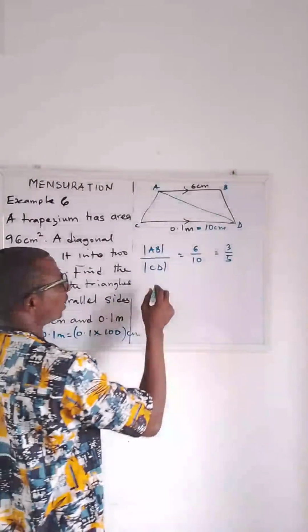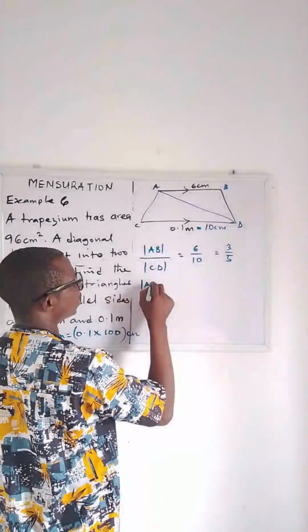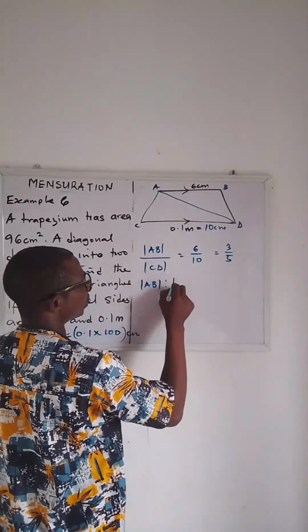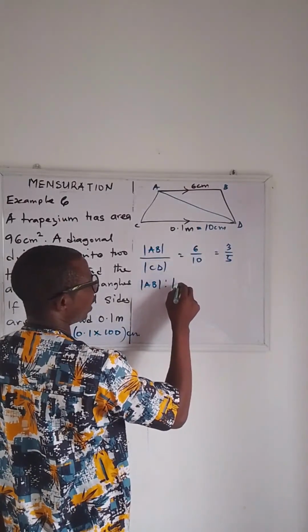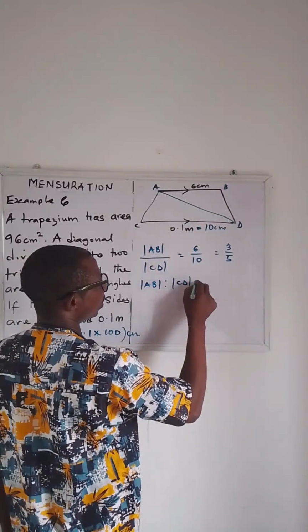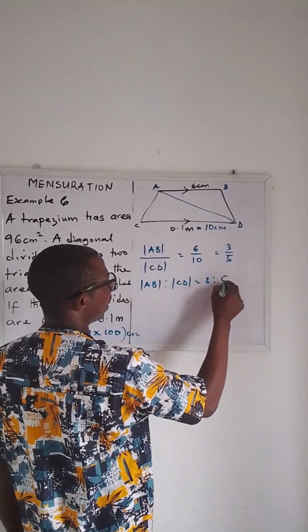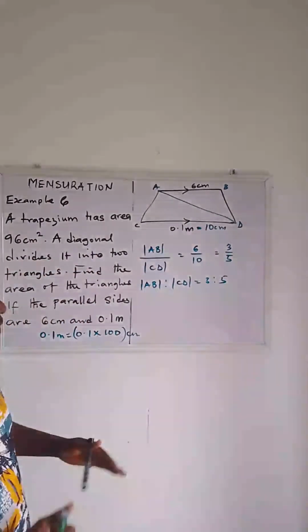So the ratio of the parallel sides is 3/5. We have done that before.